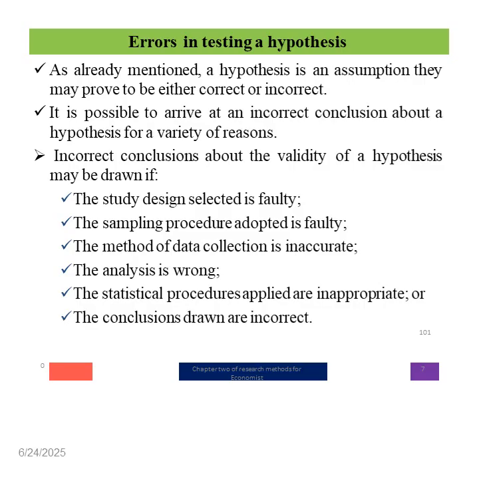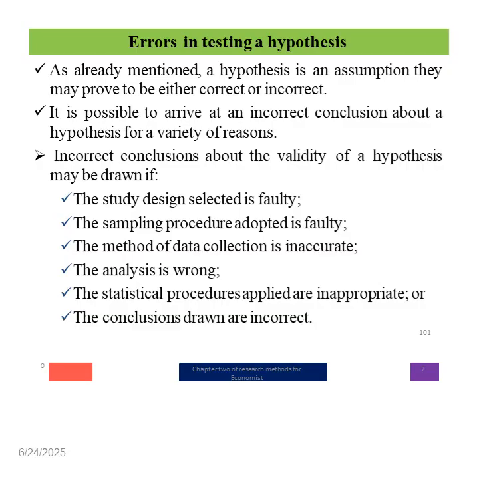It is possible to arrive at incorrect conclusions about hypotheses for a variety of reasons. Incorrect conclusions about the validity of hypothesis may be drawn if the study design selected is false, the sampling procedure adopted is false, the method of data collection is inaccurate, the data you collect is inaccurate, the analysis is done in wrong ways, the statistical procedures applied are inappropriate, or the conclusions drawn are incorrect.